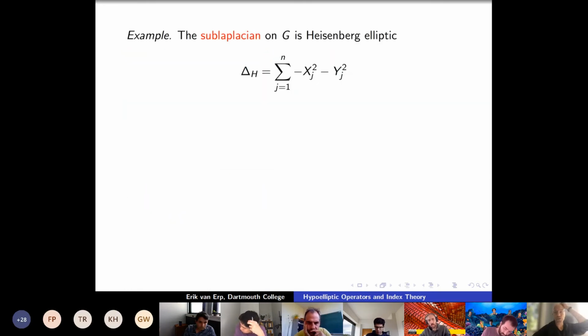Okay, so let's do an example, see a little bit how this works. That makes it maybe a little bit more concrete. So the sublaplacian again. So G is, of course, a contact manifold, the standard contact manifold, I guess. This is the standard sublaplacian on the Heisenberg group. And this is an example of an elliptic operator, a Heisenberg elliptic operator. So here's how this goes.